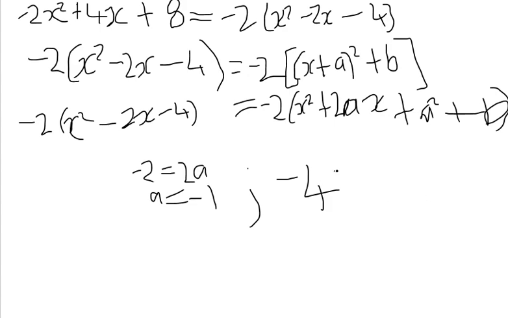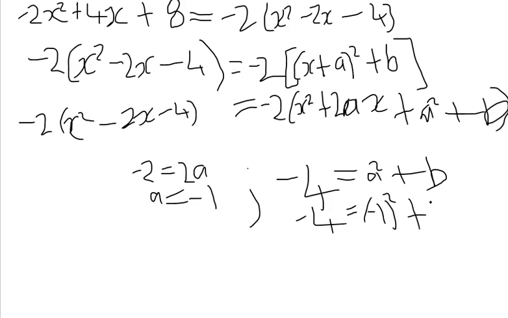So we're going to say -4 is equal to bracket -1 squared plus b.